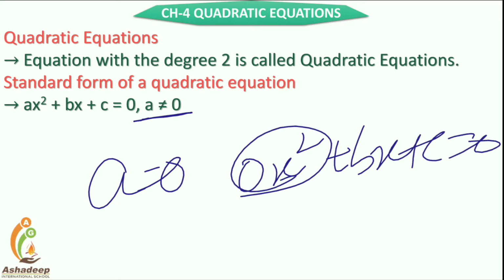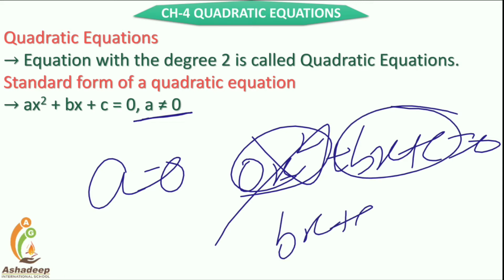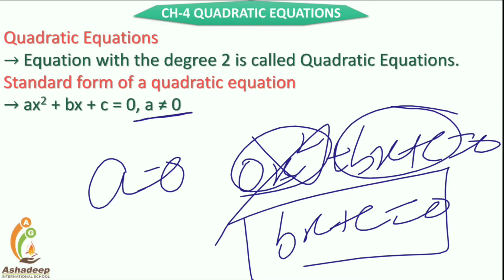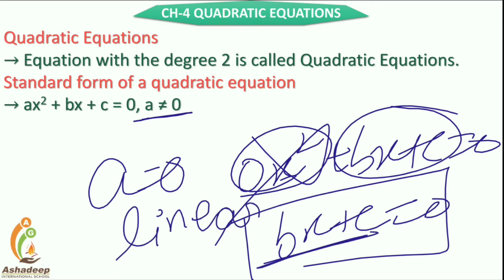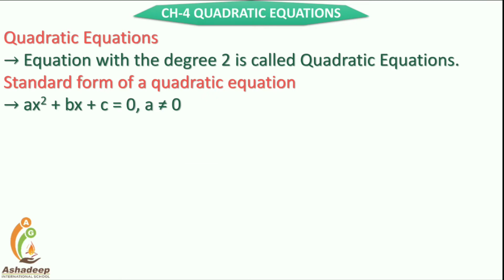In this case this term is eliminated, so we are left with only bx plus c is equal to 0, which is a linear equation. But we want the quadratic, so it is a must condition that a must not equal 0. If b is equal to 0, it is fine. If c is equal to 0, it is fine. But a must not equal 0.